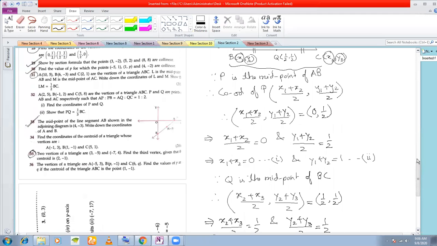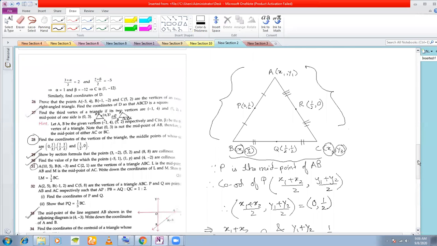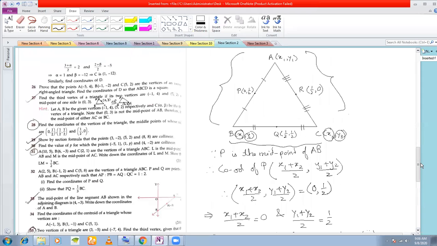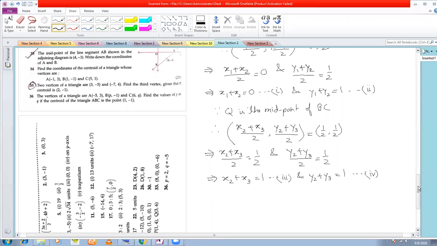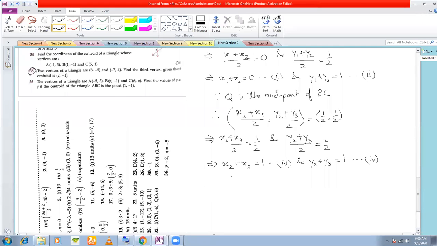Next, I'll consider this side. Since R is the midpoint of AC, therefore, what are the coordinates of R that you are going to get?